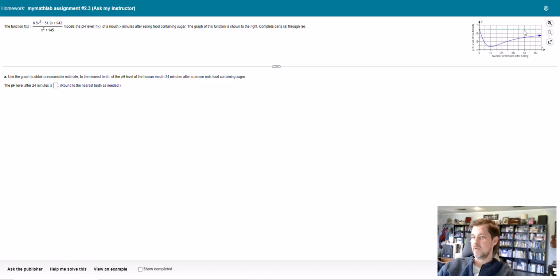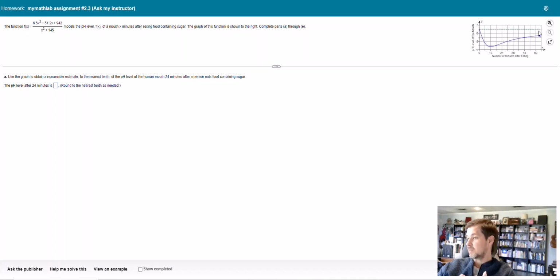Even though this function might seem complicated on its own, the graph tells us something pretty simple: naturally the pH of your mouth might be like 6.5, and then you eat something and it drops fairly rapidly and slowly climbs back up to what looks like normal.